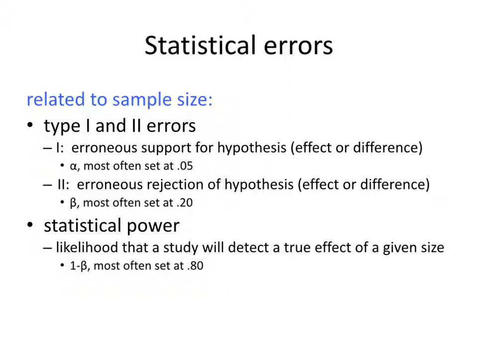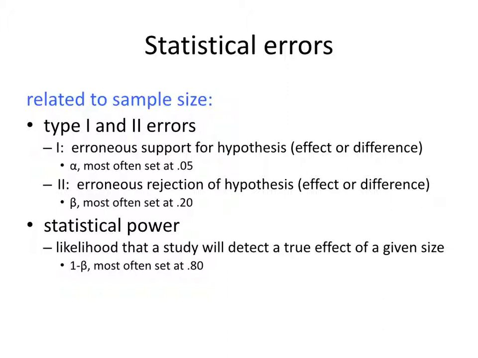Finally, a short discussion of statistical errors. These are errors that result not because of biases in the sample, but simply because of the nature of statistics, and they're related to sample size. These statistical errors are referred to as type 1 and type 2 errors. A type 1 error is defined as erroneous support for a hypothesis, that is, an effect or a difference.